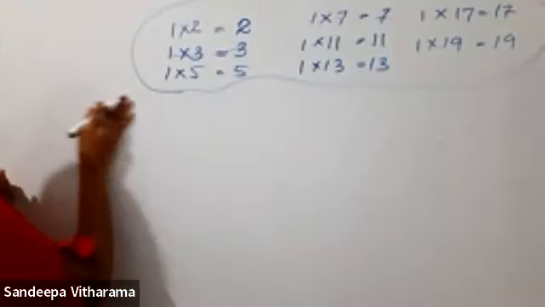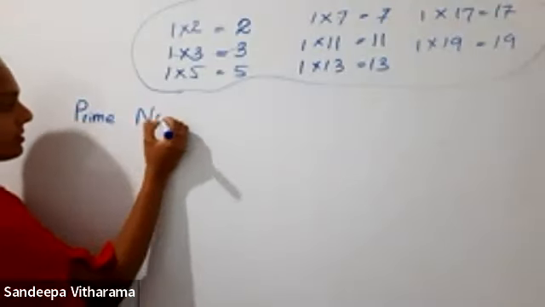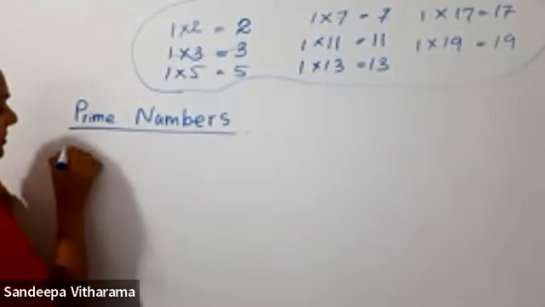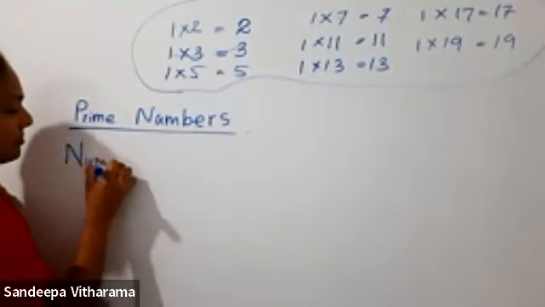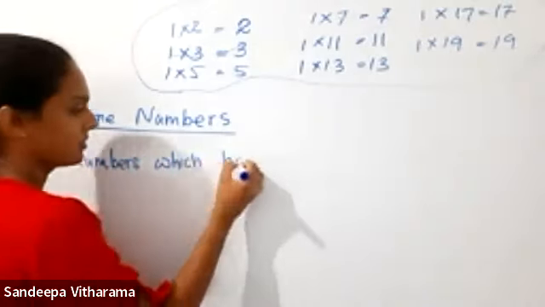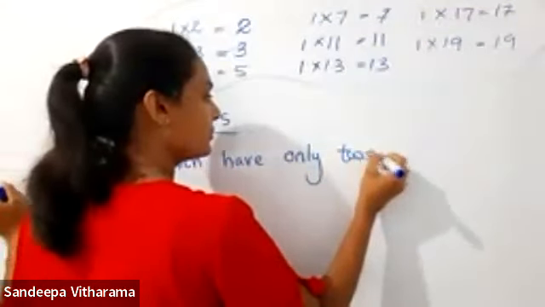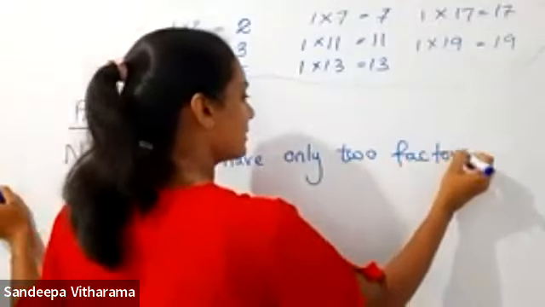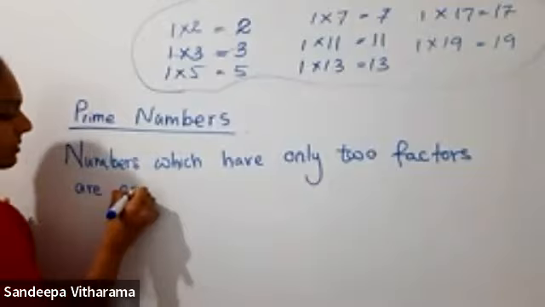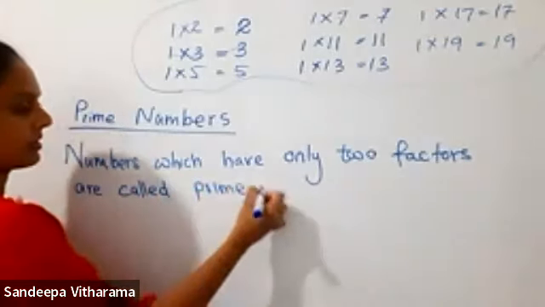Write down another subtopic: prime numbers. Numbers which have only 2 factors are called prime numbers.